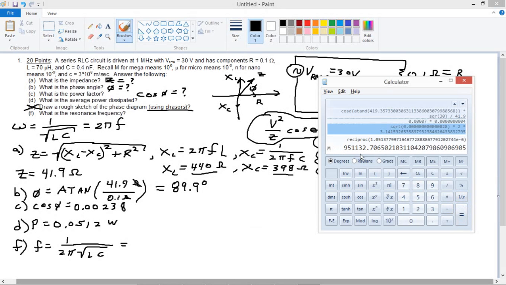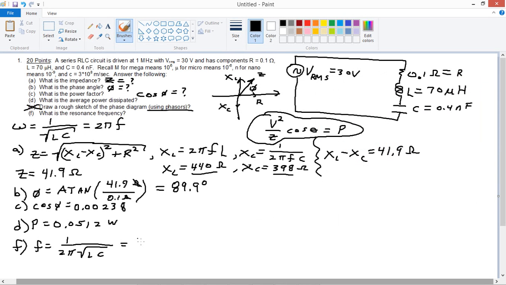So I've got 951 kilohertz, 951,000 hertz, rounding to 3 sig figs, that is. Pretty close to 1 megahertz. Okay, that's it for this problem.